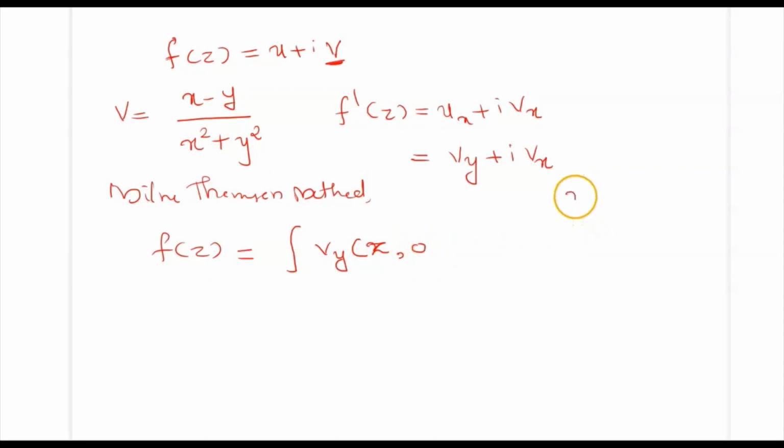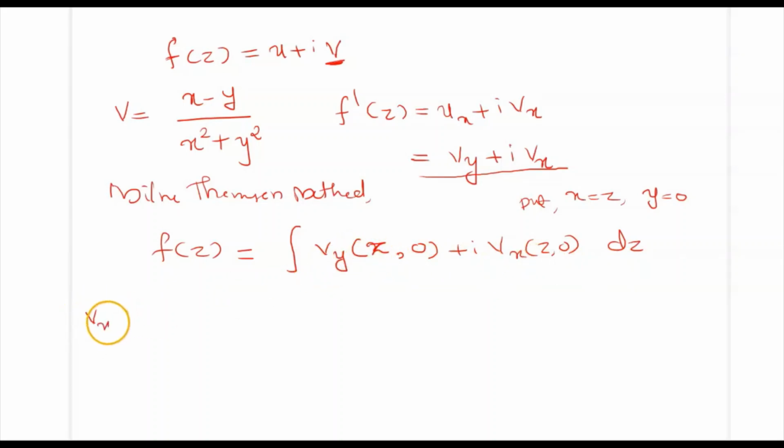That is, in the Milne-Thomson method, put x is equal to z and y is equal to 0, so that we get the function f of z, which is analytic. f of z is the integral of vy of (z, 0) plus i into vx of (z, 0) dz. So we need to find vx and vy.